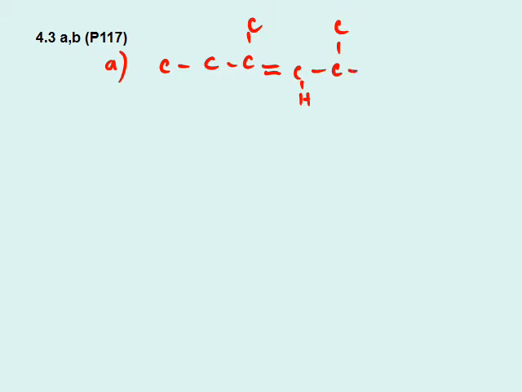Let me double check whether I copied everything right. Okay, there are 1, 2, 3, 4, 5, 6. So I have 6 in the longest chain, and there are 2 methyl groups, one in the 3rd location, the other one in the 5th location from the left. Okay, now you are adding HBr.